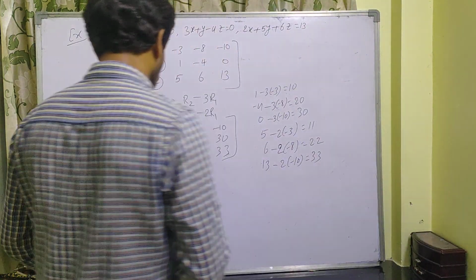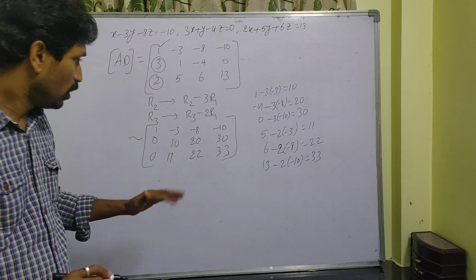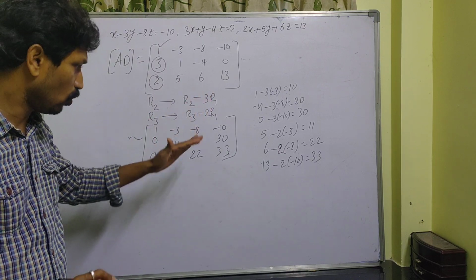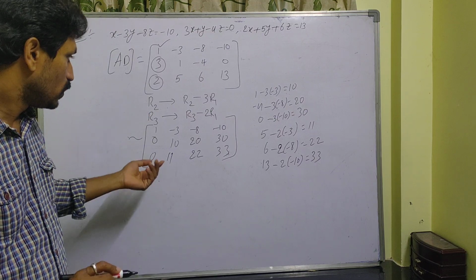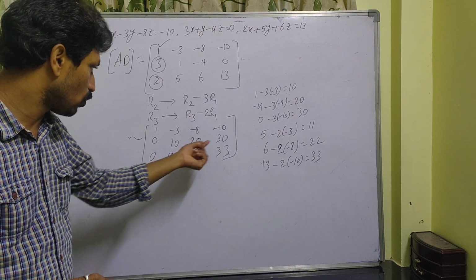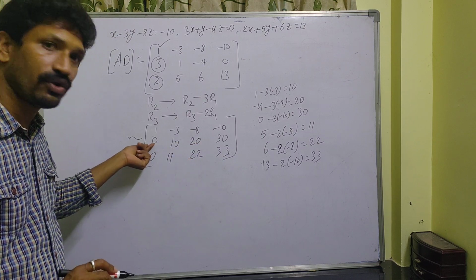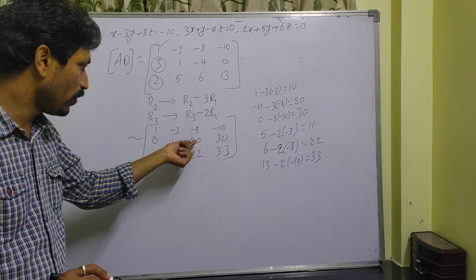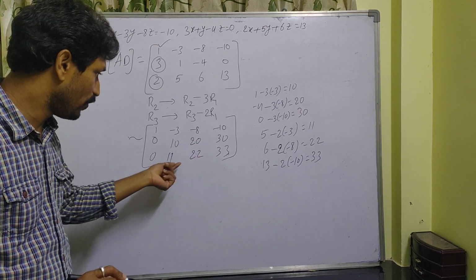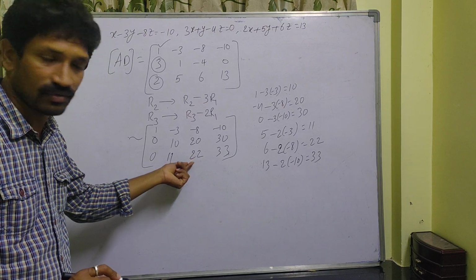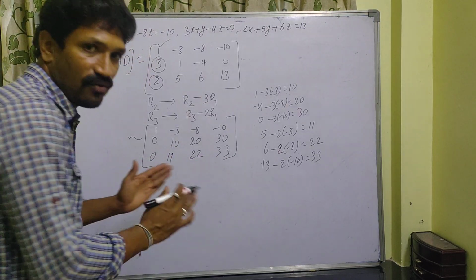So, actually I told you one thing: whenever after changing the rows you have any common factor, we can take it outside. See, when you observe the second row here, we can take 10, because every entry has 10 as a factor. In the third row, for every entry we have 11 as the factor: 11 2s are 22, 11 3s are 33. So this is a very minor step.